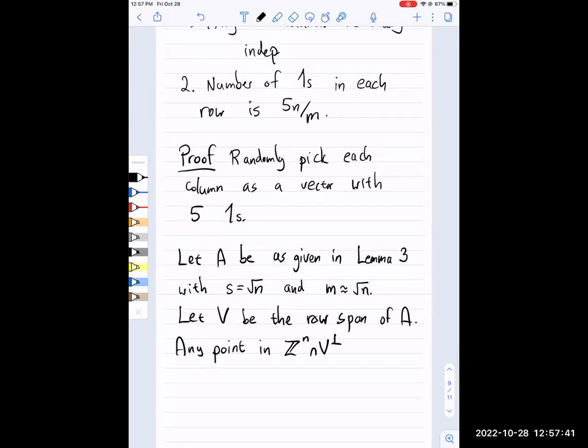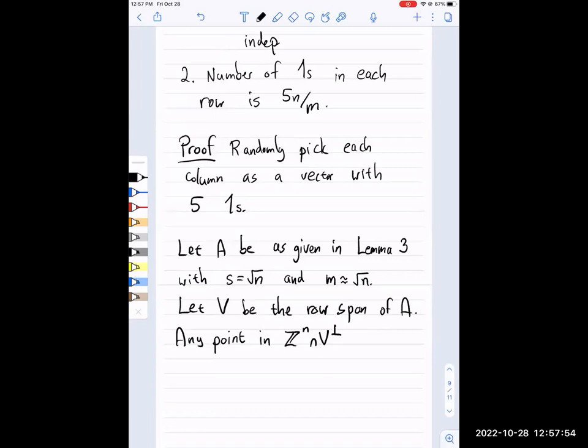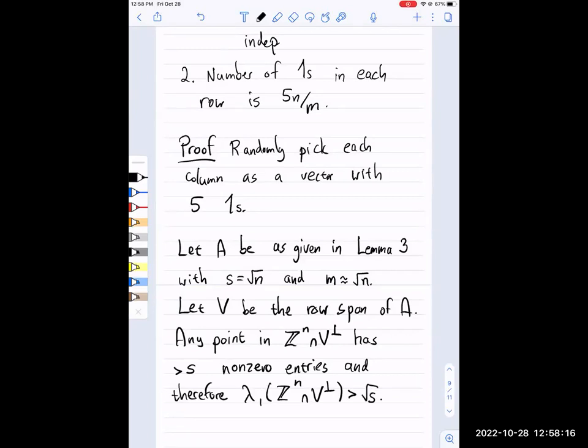But that means it must have lots of ones because there is no linear dependency among S columns. So if there's any linear dependence, it must be of Hamming weight at least S, which means it's a long vector. So any point in the space has more than S non-zero entries. And therefore, the shortest vector is bigger than square root of S, right? Because the L2 norm is at least square root of S.